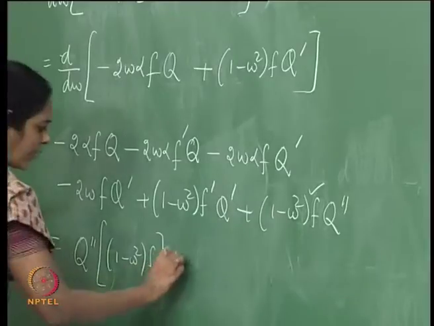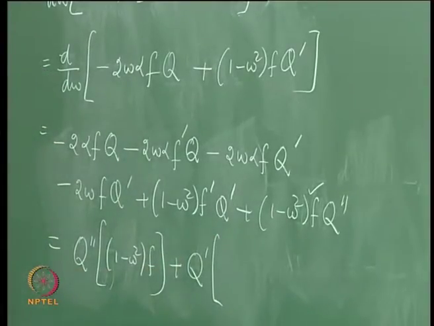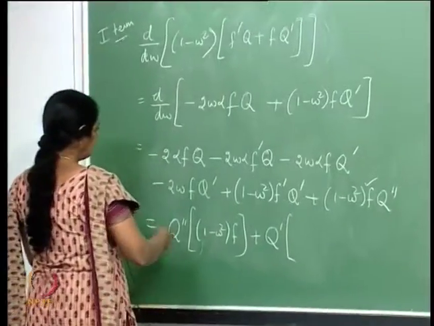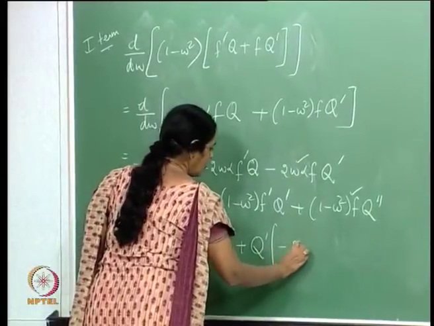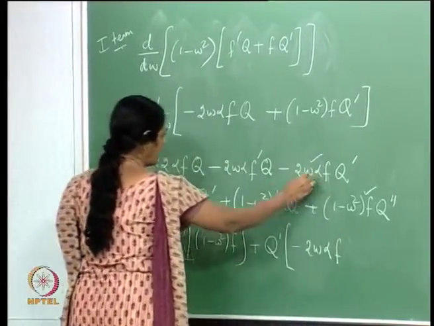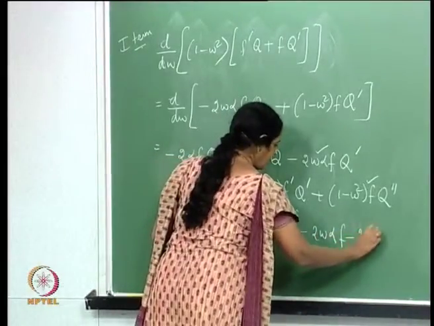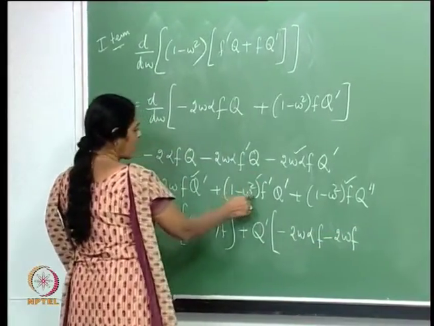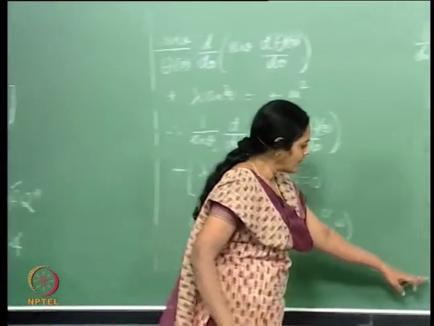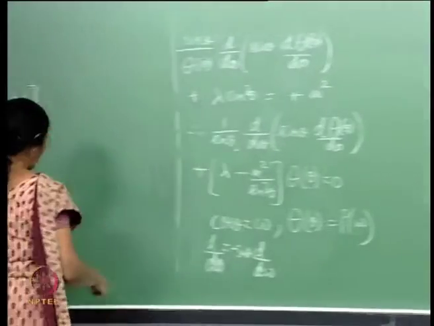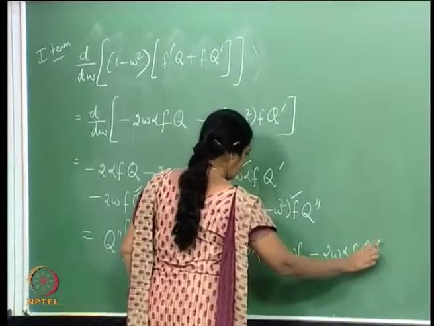Let me group the q prime terms. Remember, prime is differential with respect to w. So, I have a minus 2 w alpha f from here, minus 2 w f from there, plus (1 - w^2) f prime q prime, substitute back. So, minus 2 w alpha f q prime.